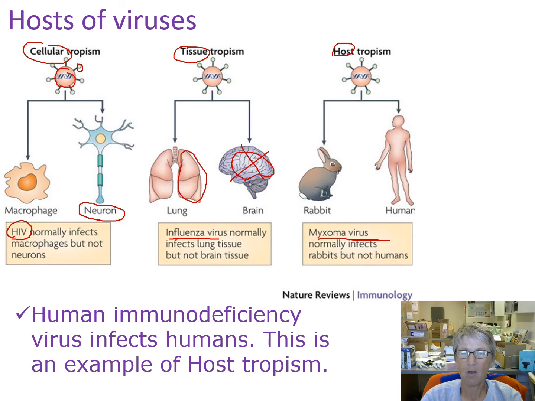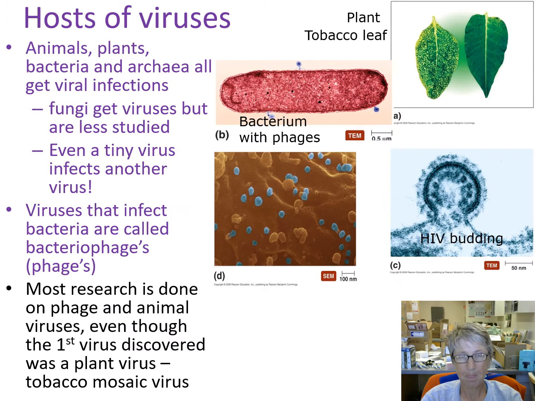But in host tropism, the virus can infect a rabbit, but it will not infect a human. So if it's stated that way, human immunodeficiency virus affects humans, that would be an example of host tropism. But if I said human immunodeficiency virus infects macrophages, that would be an example of cellular tropism.